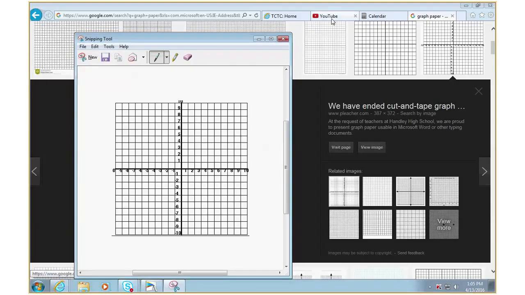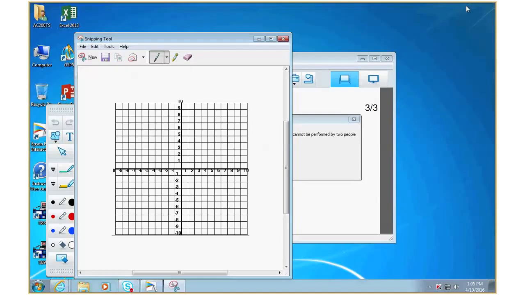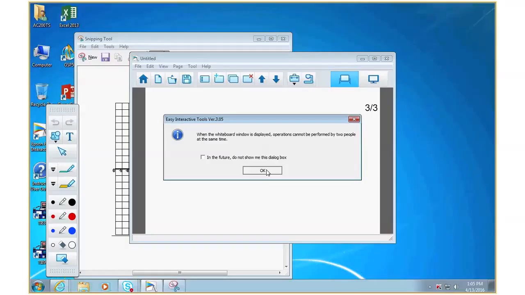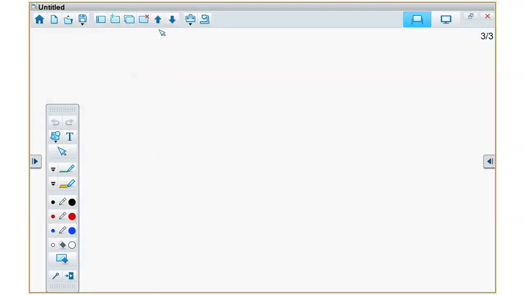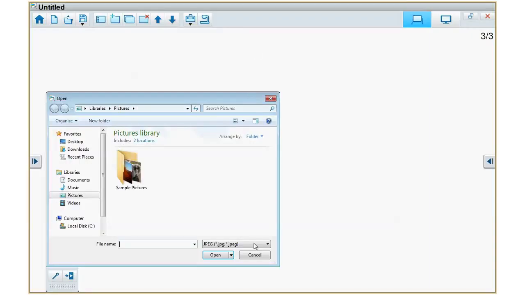All right, now let's go back to our handy dandy drawing board. There we go. And this time, we're going to put a negative up there.